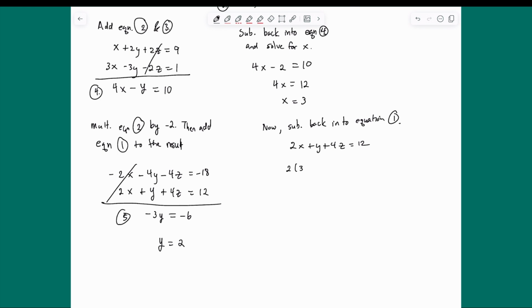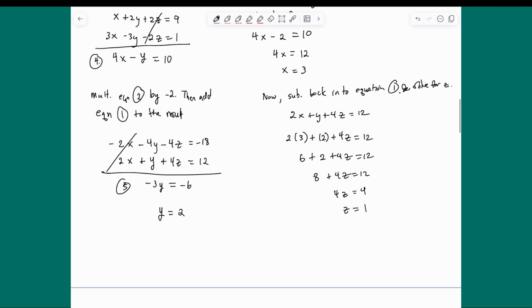So 2 times 3 plus 2 plus 4z equals 12, right? So in other words, sub back into equation 1, and I probably should say solve for z. Okay, so doing so, what do we have? We have 6 plus 2 plus 4z equals 12. So we get 8 plus 4z equals 12, which tells me 4z equals 4, which we get z equals 1 dividing both sides.